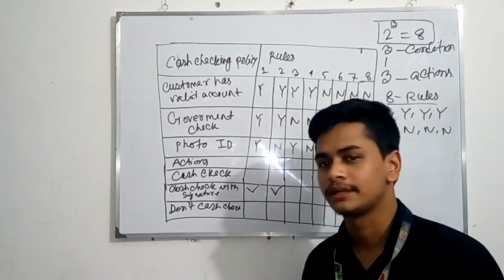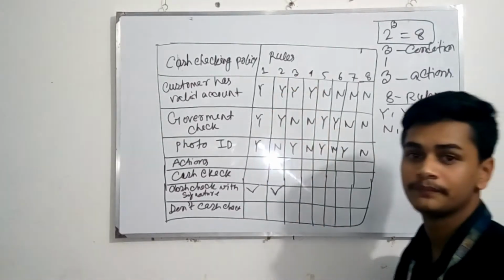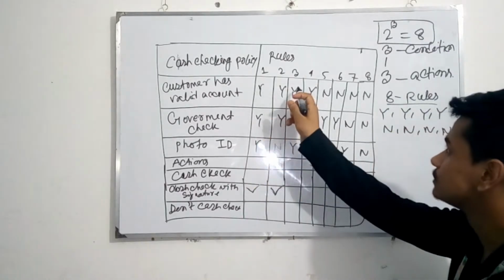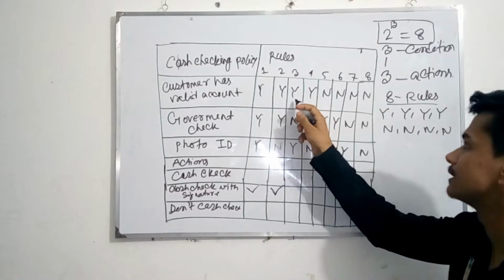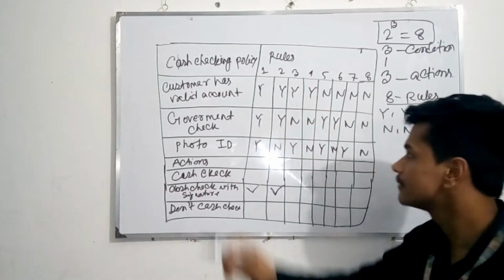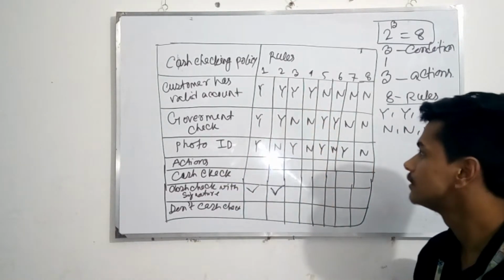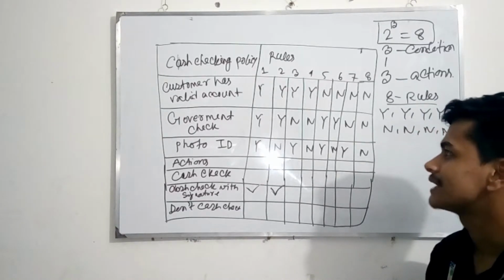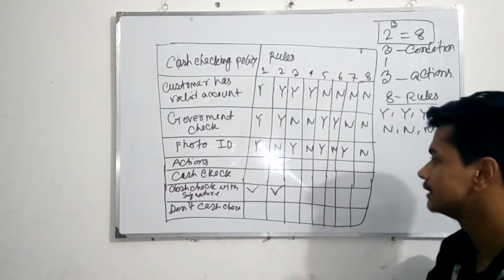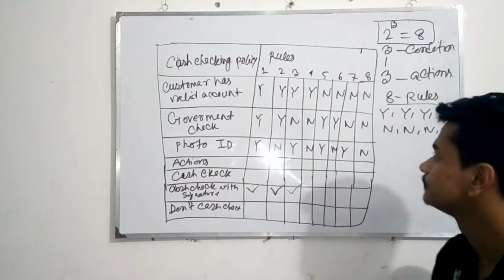Now we are at rule number 3. In rule number 3, customer has valid account number, yes. Government check, no. But photo ID, yes. We know that if a customer has a valid account number, they can cash check with signature.